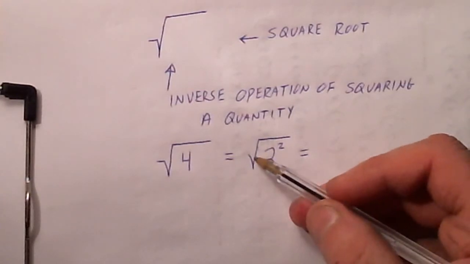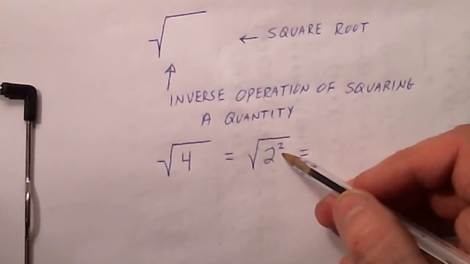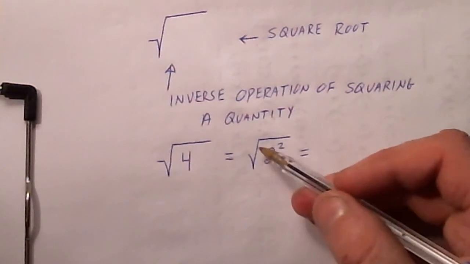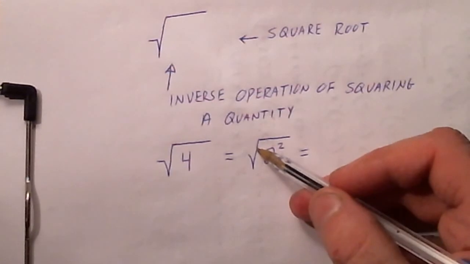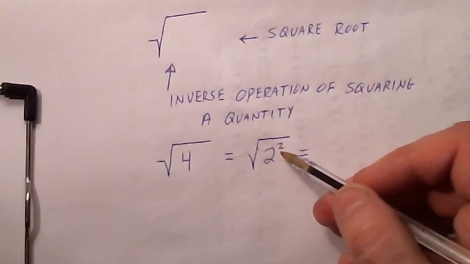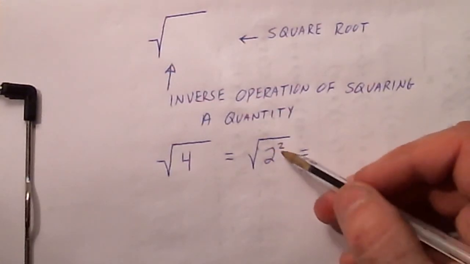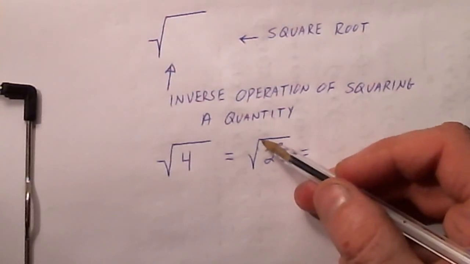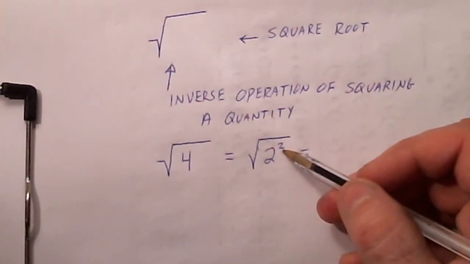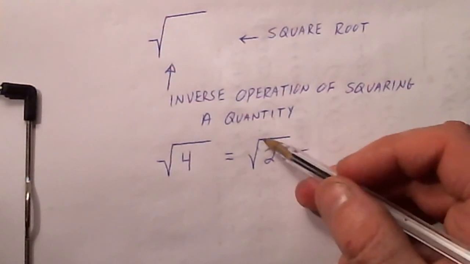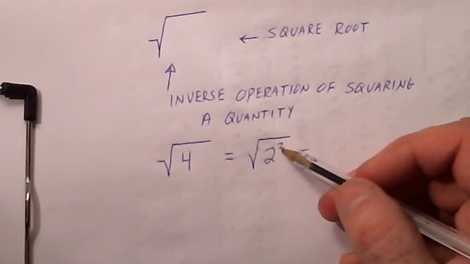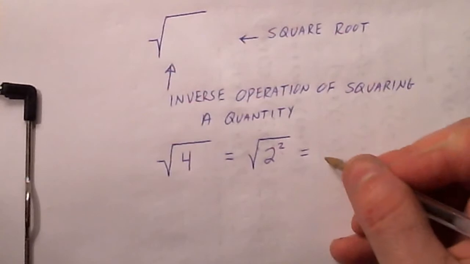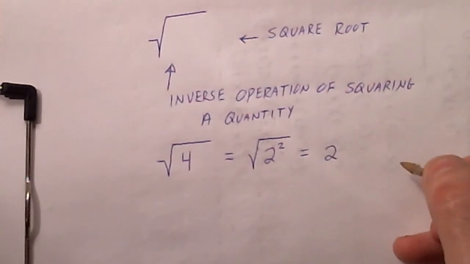When you take the square root of a perfect square, both the square root and the perfect square disappear, because square rooting and the square of a quantity are inverses of each other. So square rooting is the inverse of squaring something. And for that reason, think of the square root and the square as kind of like canceling each other out or nullifying each other. And so the square root of 4, which is the square root of 2 squared, really simplifies down to just 2.